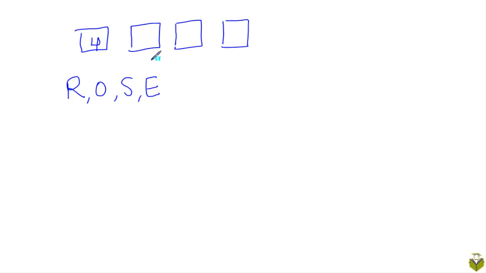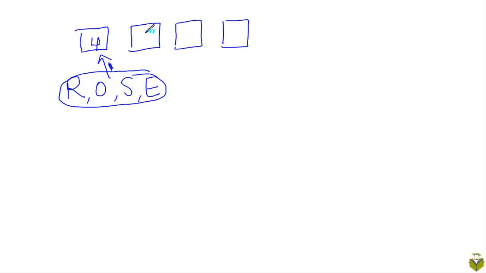So what happens for the second box? In how many ways can you fill this? What do you think? If I use one out of these 4 alphabets to go in the first box, one is gone, so how many are left to fill this?